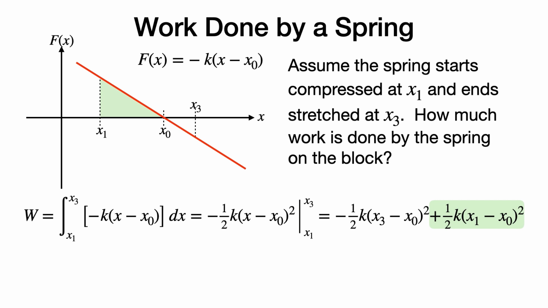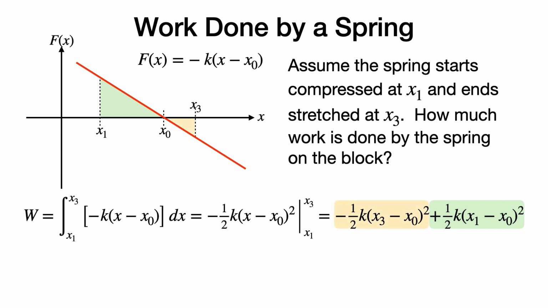So that is 1/2 of k times x1 minus x naught squared. That's that area under the curve. And it's doing positive work because the spring has a positive force acting on the block in this area, and the object is moving in the positive x direction.